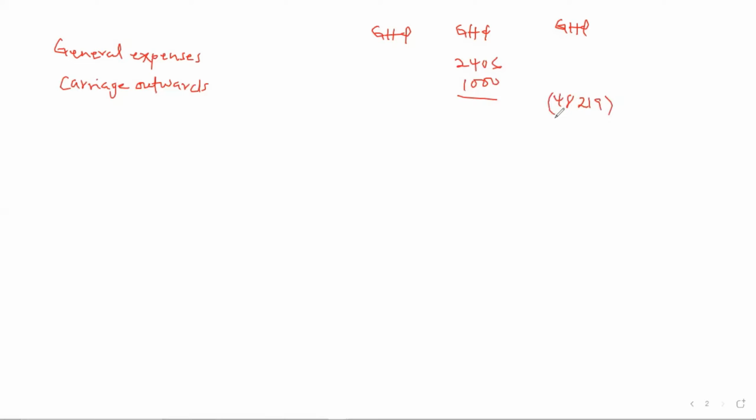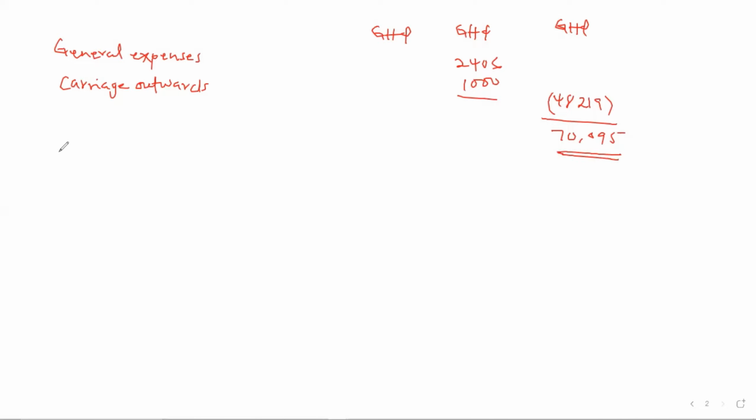Then we less from our total gross income to get 70,095. So when we get the 70,095, that is our what?